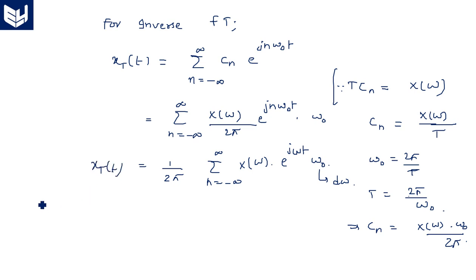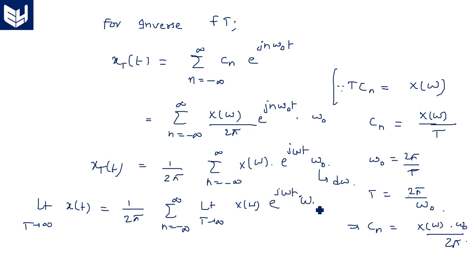So x_T of t, apply the limit T tends to infinity on both sides. x of t is equal to 1 by 2 pi summation n equal to minus infinity to infinity, limit T tends to infinity, X of omega e power j omega t omega naught.